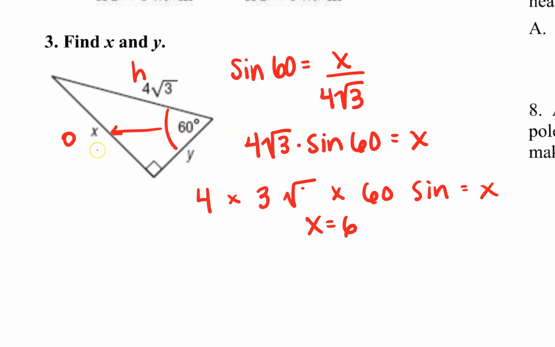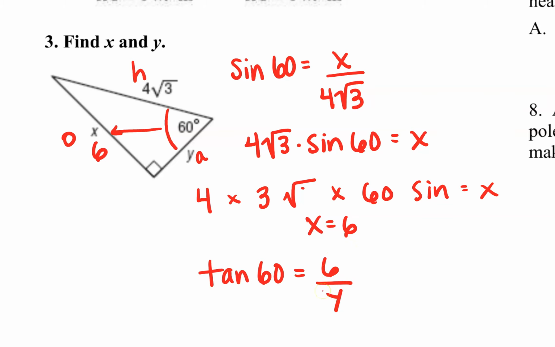Okay, so now this is 6. Now I might tend to just forget about that hypotenuse side because it's got the radical in it. And now I could say, well, this one is adjacent and opposite. So that is tangent. So I could say that the tangent of 60 equals opposite over adjacent, SOHCAHTOA, sorry, my bad, 6 over y.